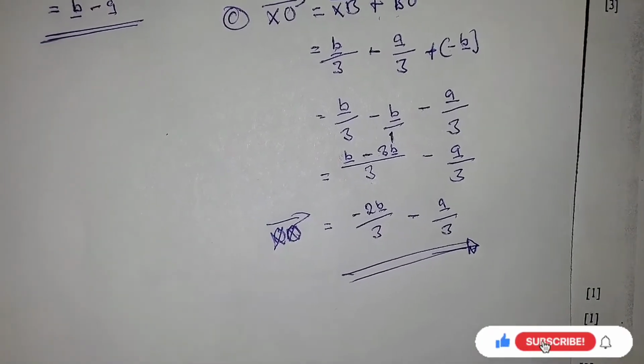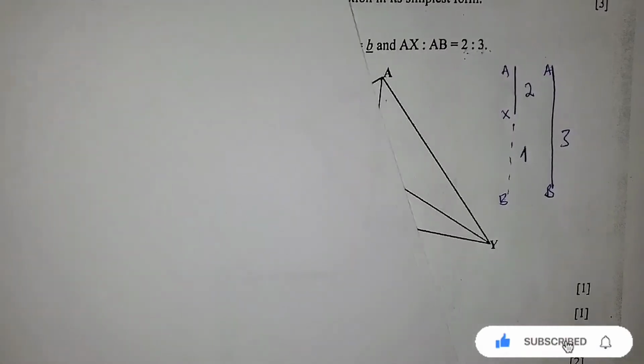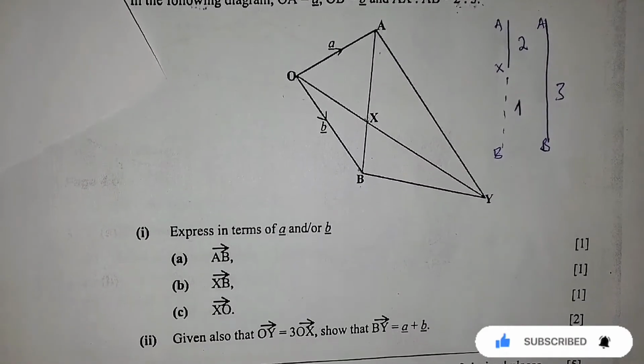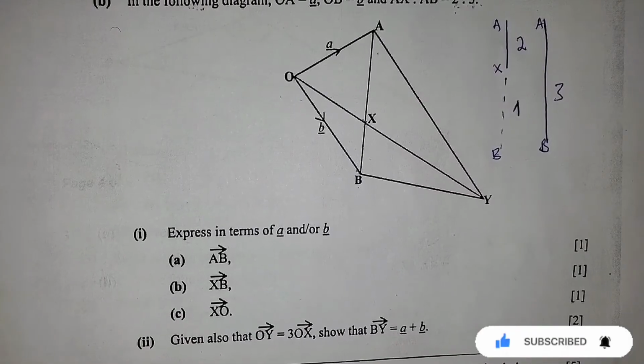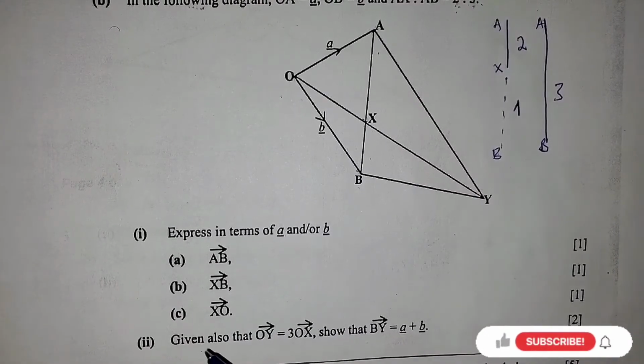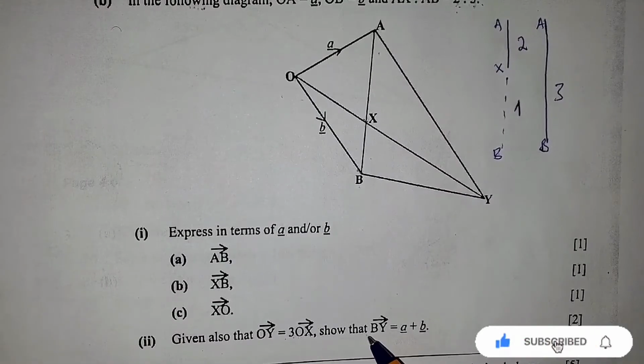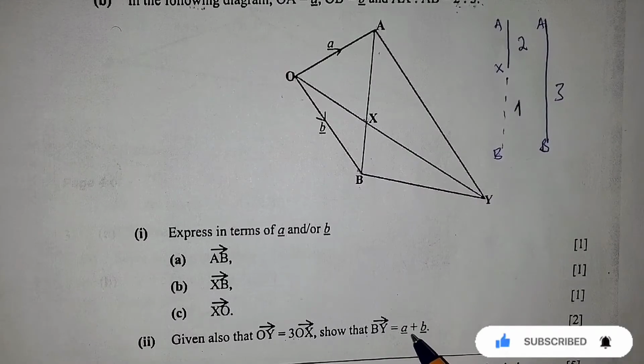Now the last one is going to test us. They're going to show us whether we've been doing the correct thing, because we're asked to show. They're saying given that OY is equal to 3 times OX, show that BY is equal to a plus b. Simple as this, but it's 2 marks.